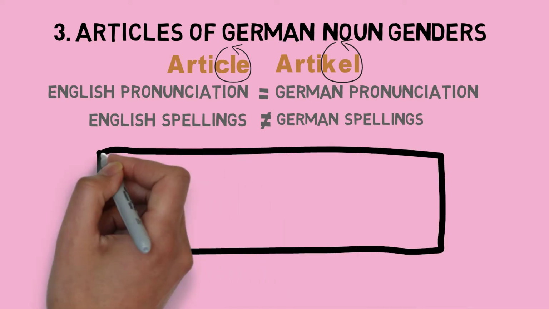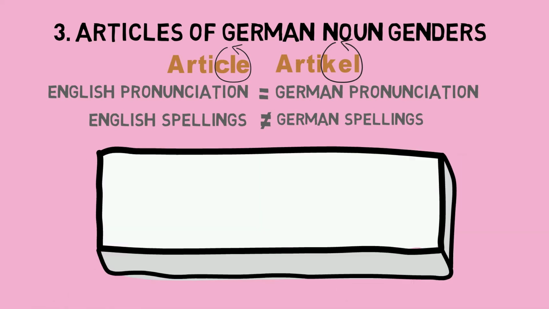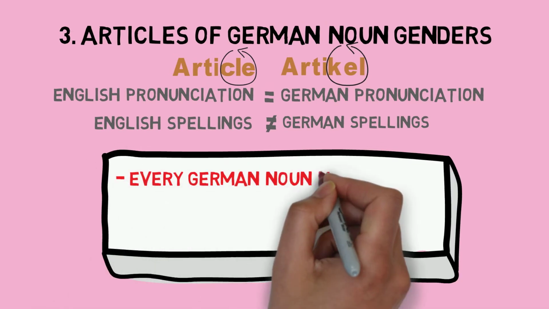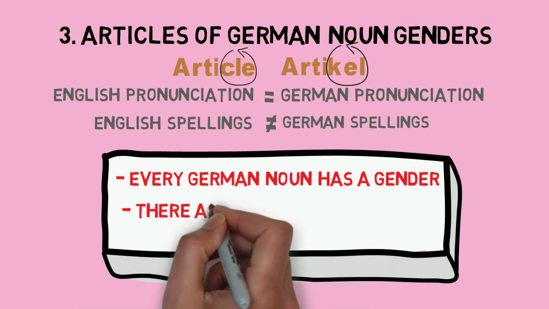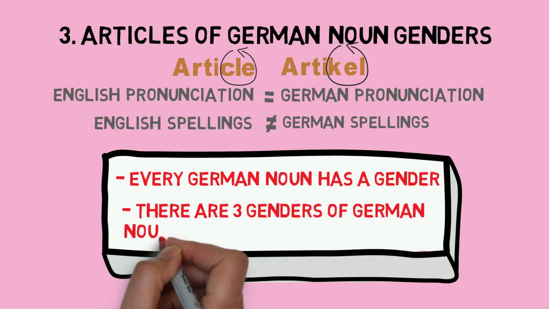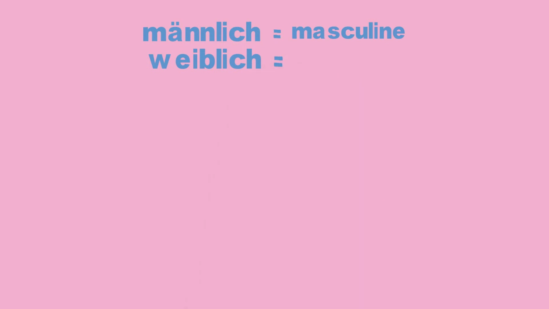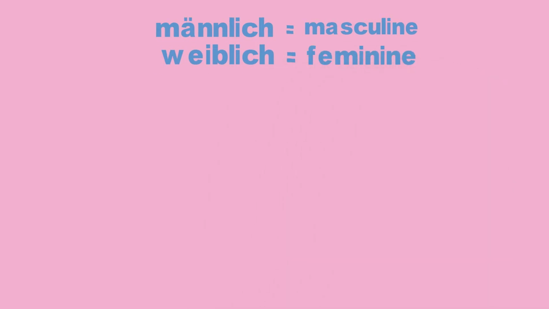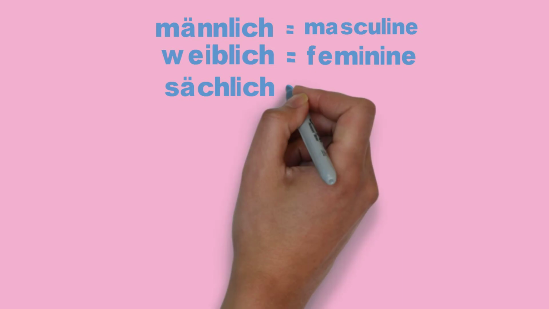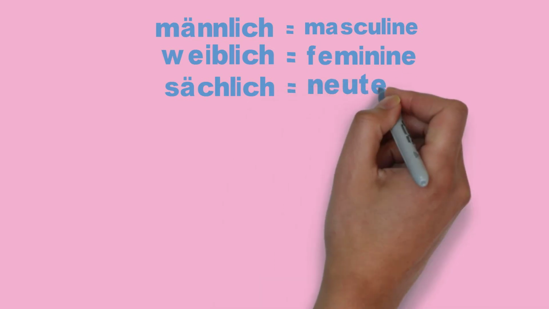As we have already taught you in our previous videos, every German noun has a gender, and there are three genders of German nouns. They are männlich, which means masculine, weiblich, which means feminine, sächlich, which means neuter.